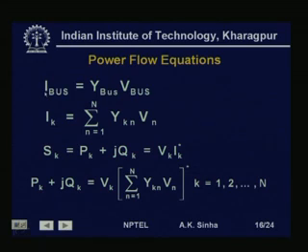Now, we will go in and see how we can derive the power flow equations. So, again we will go back to our basic equation. I bus is equal to Y bus into V bus, and if we take any particular bus injection, then Ik will be equal to summation Ykn into Vn.